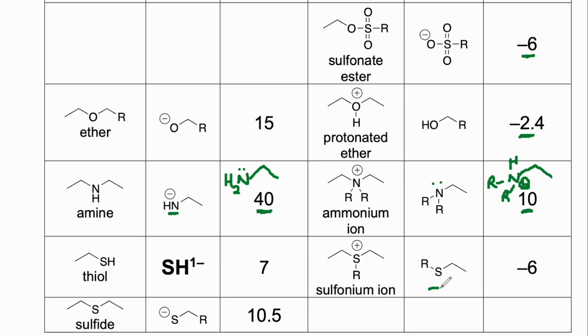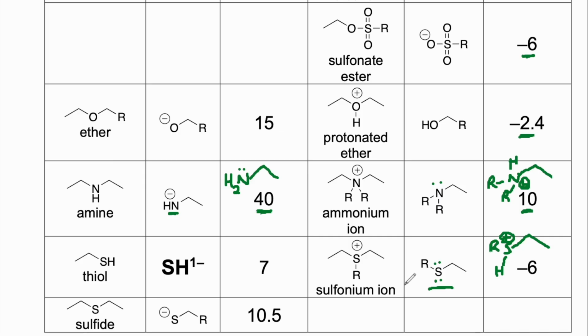So remember, we're talking about the leaving group being a base, and we know that it's a weak base and a good leaving group if the conjugate acid of that base is a stronger acid. So here we have a protonated sulfur, pretty strong acid, -6 is the pKa, and so we know that this neutral sulfur is a very weak base.